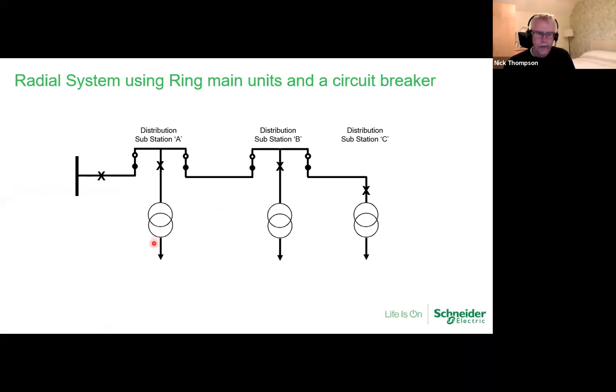So the site where I'm based at, which is in Leeds, we are fed from the DNO ring on a radial to our own HV switchboard, which comprises of one incoming circuit breaker and then 2 transformer feeders.